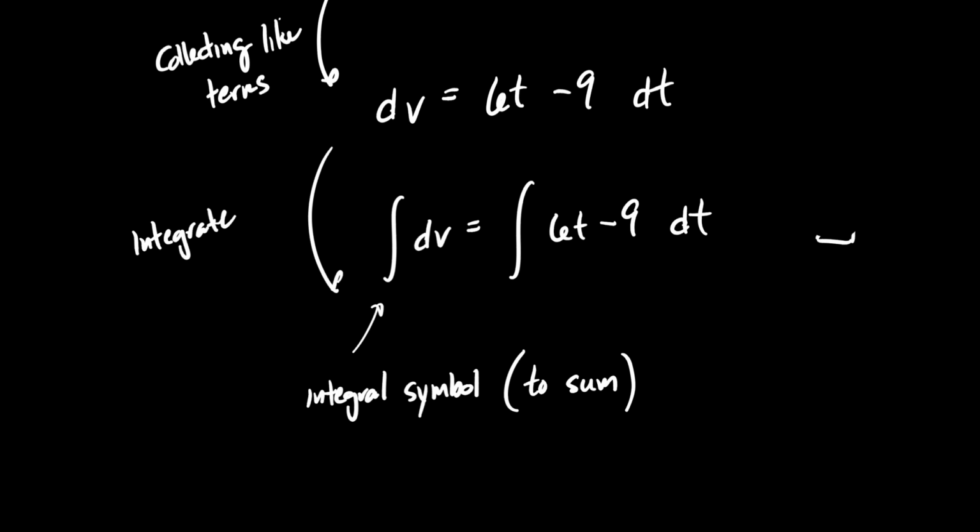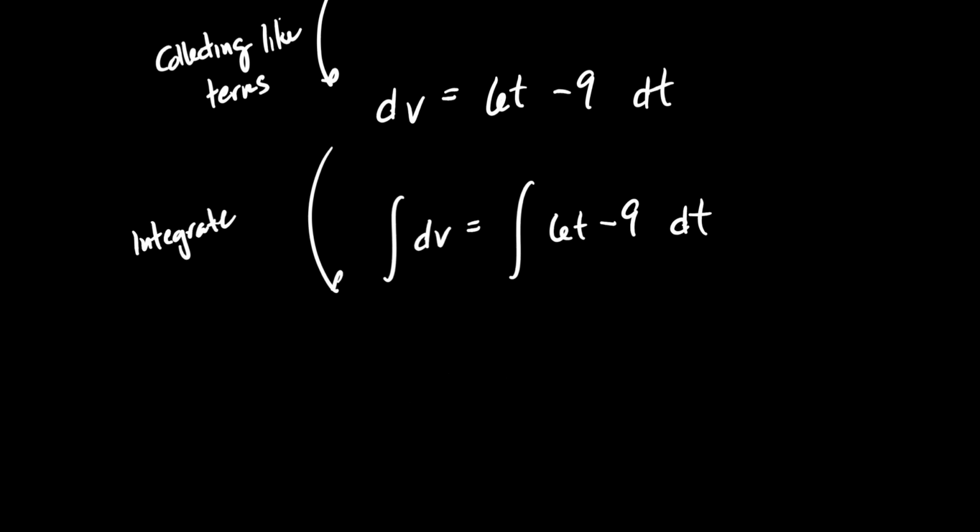Now, it should be noted that when you are taking the integral of a function, one of the steps in the integral is to perform the antiderivative. That is one of the steps. So although I'm saying we're taking the antiderivative, we are doing so much more than that.